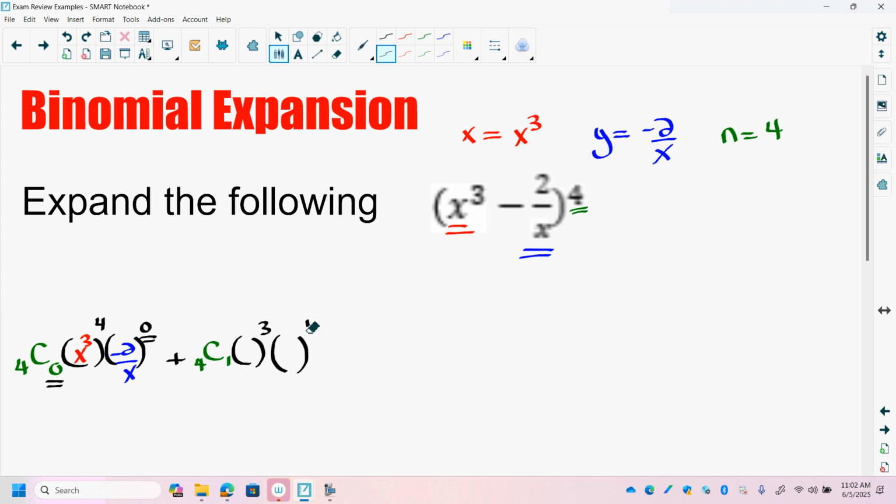Remember, that number is going to match that exponent. x cubed and negative 2 over x. I'll have 4c2. Remember that I'm also working my way across to what? 4c4.